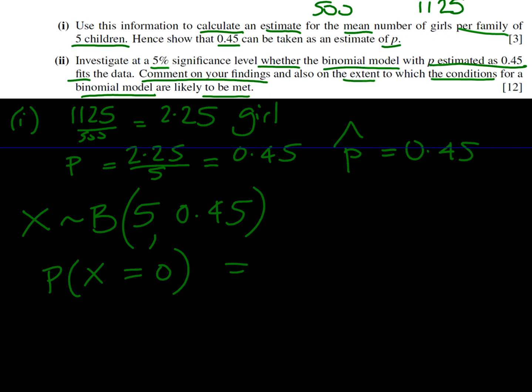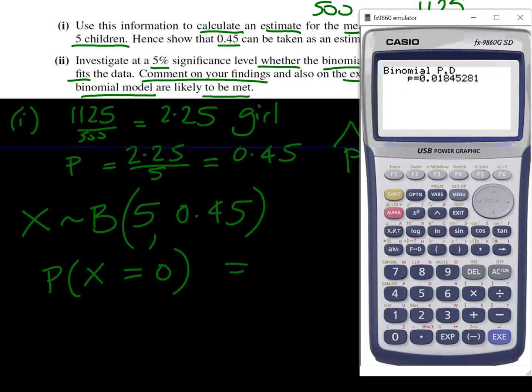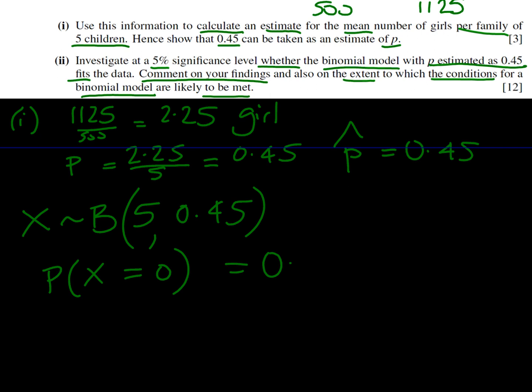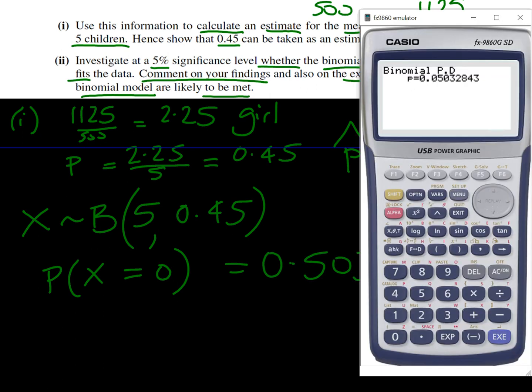So I'm going to use my calculator to do that, with a binomial. I can say I want 0 successes from 5 trials with a probability of 0.45 of success. So the probability of having no girls is therefore 0.50328, yeah? So you can go to the calculator.